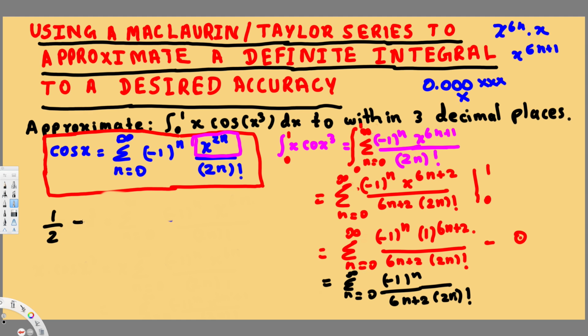And then the second term is going to be, if you plug in 1 for this one, negative 1 over 6 times negative 1, that's negative 6 plus 2.